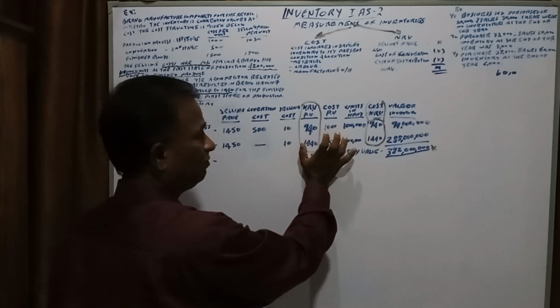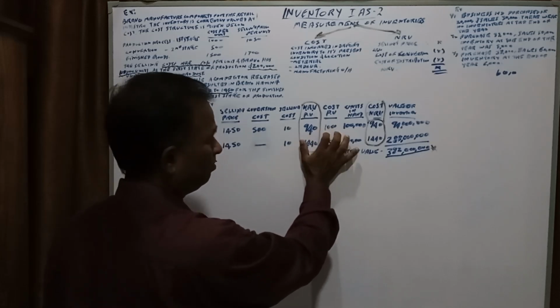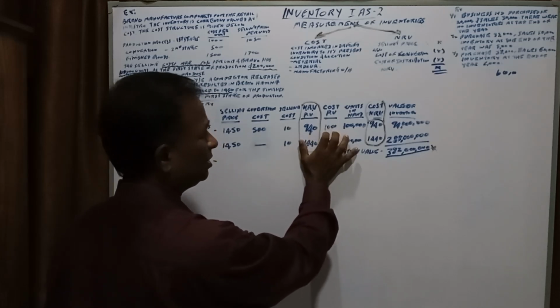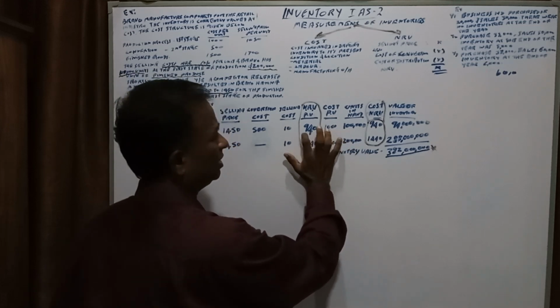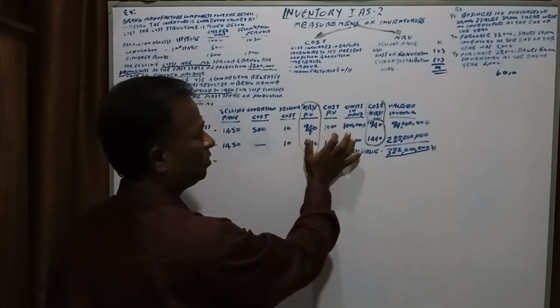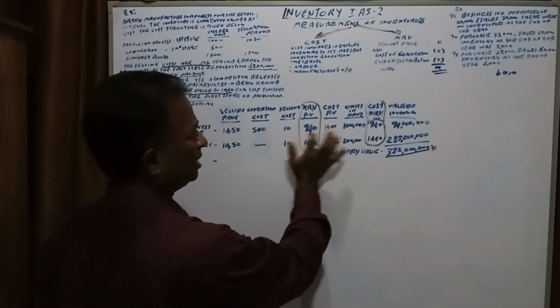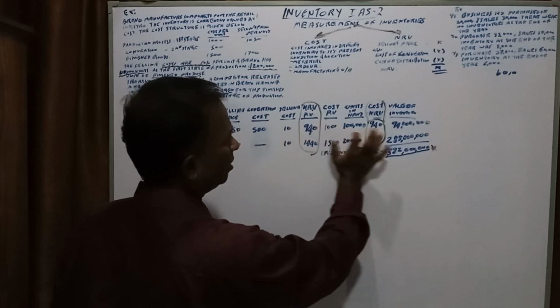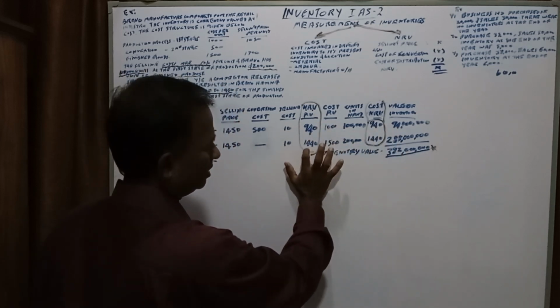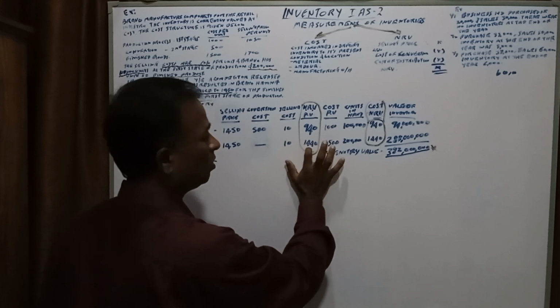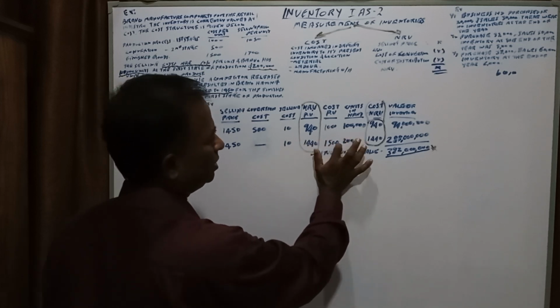Where the cost of a product is more than the net present value we have calculated, that amount is lower than the cost price. That's why we have taken the lower amount for the valuation of inventories here. Here also like that. Here 1450 is the lower price, here 1500 is the higher price.